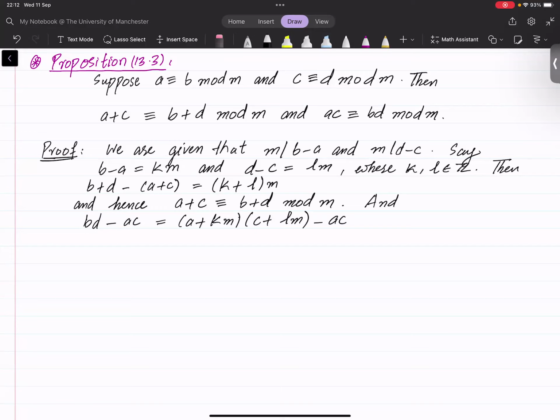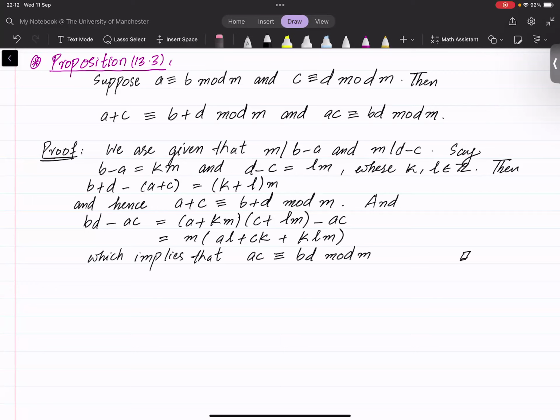Then this can be written as m times al plus ck plus klm, which implies that ac is congruent to bd modulo m. And this is the proof, have we completed the proof? Okay.